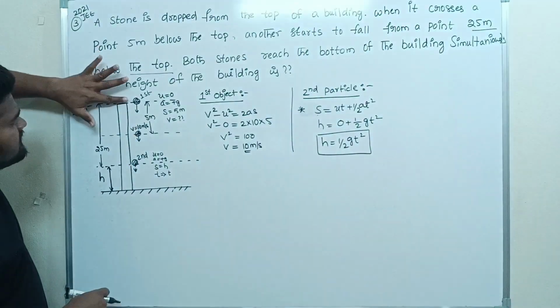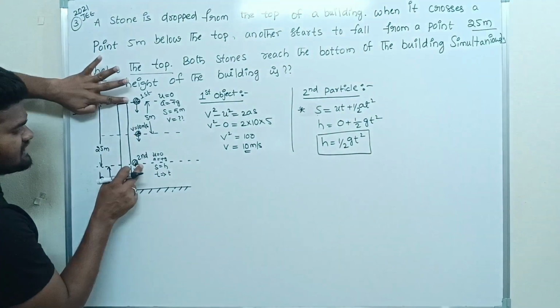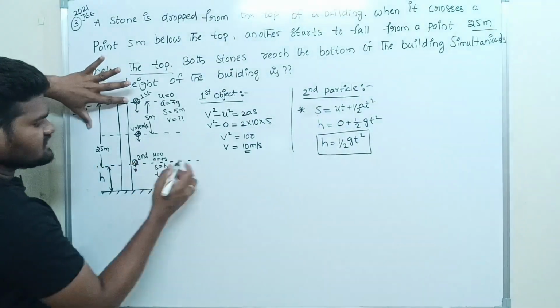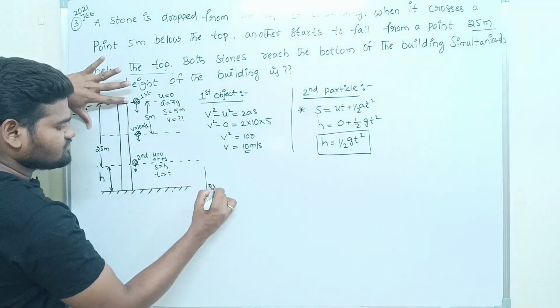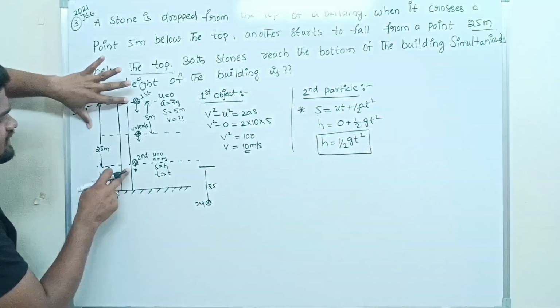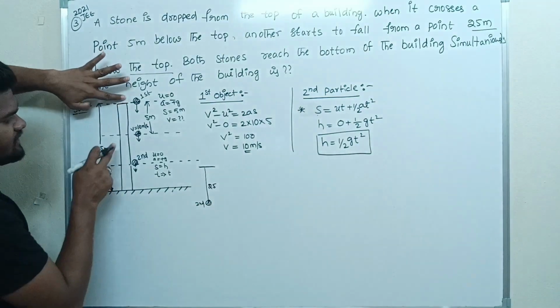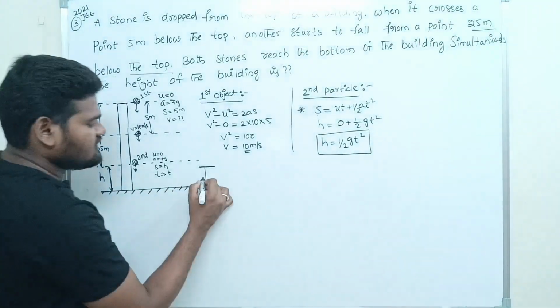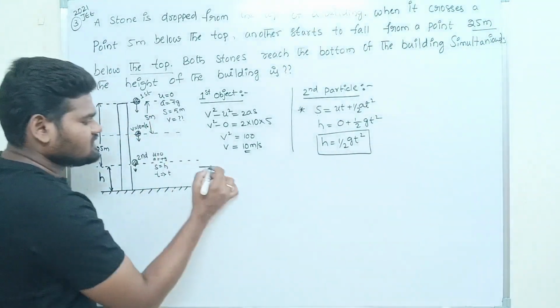Have a look. From the top of the tower to the point of projection of the second stone, what is the height? It is 25 meters. Right. So this is the top and this is the second object. Okay. Now from the top of the tower to the point of projection of the first object is how much? 5 meters. Have a look. This is how much? 5 meters.